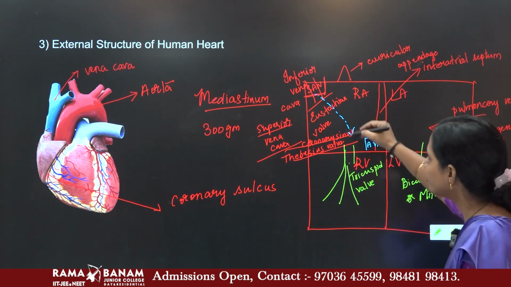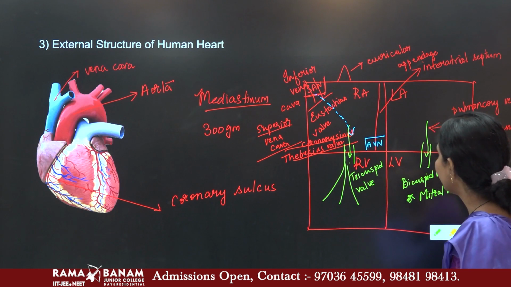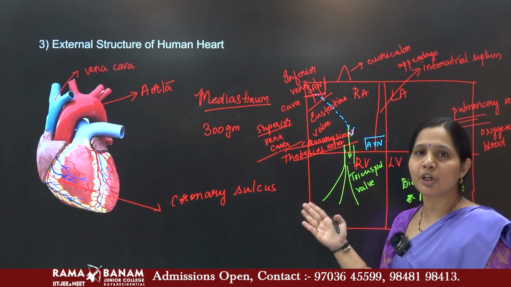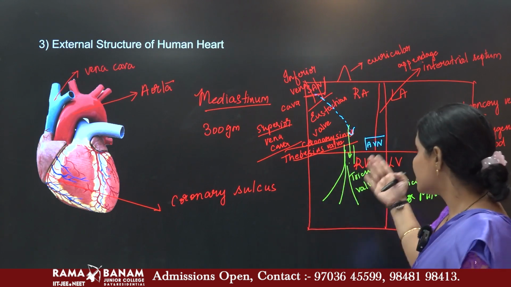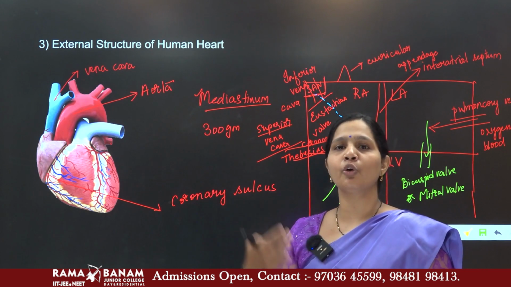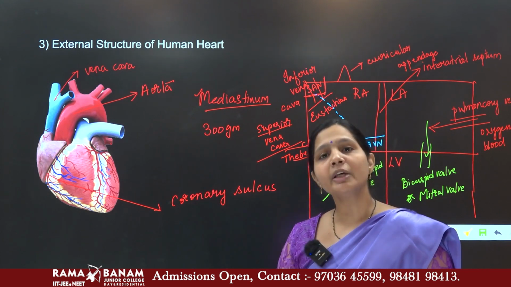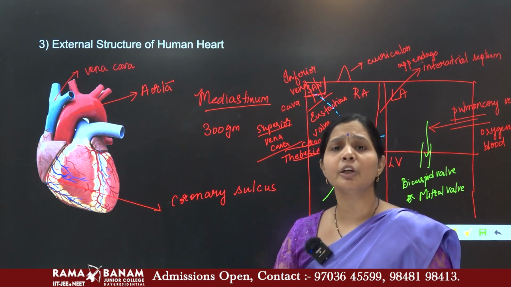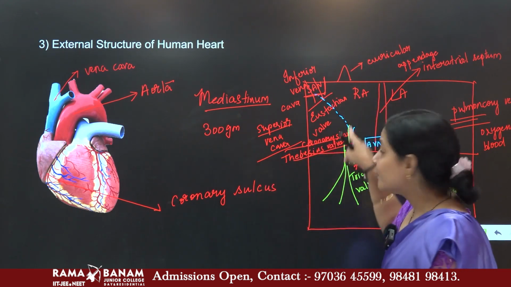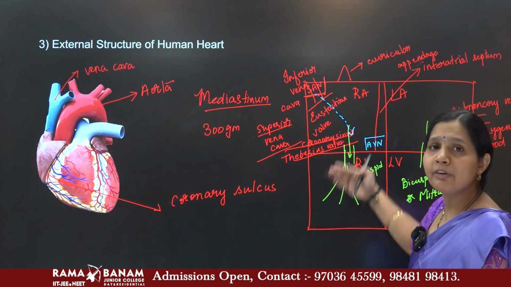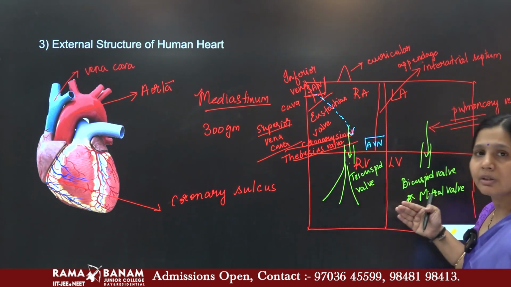So the flow of the blood takes place from the atria into the ventricles through these valves. The tricuspid valve and the bicuspid valve prevent the backward flow of the blood. So as long as the pressure of the blood is more in the atria, these valves are kept open to enhance the blood flow into the ventricles, right?